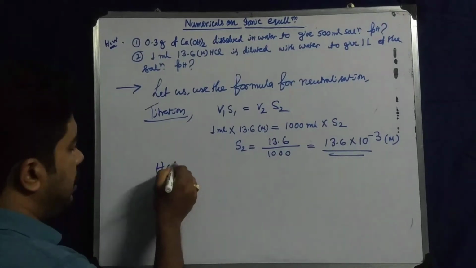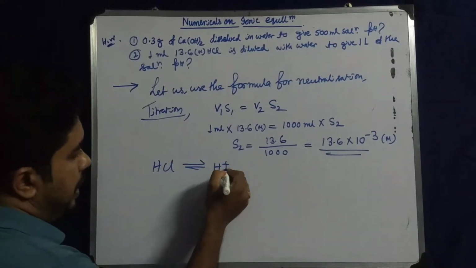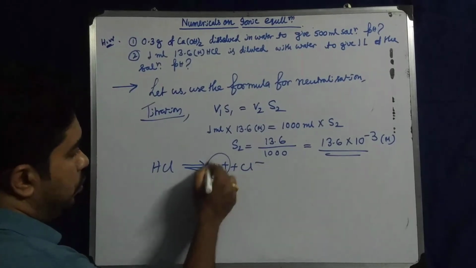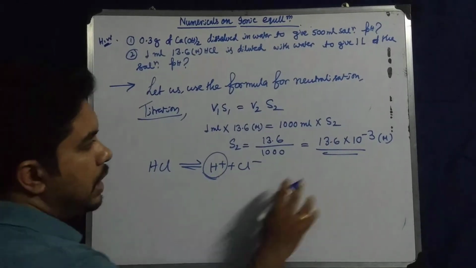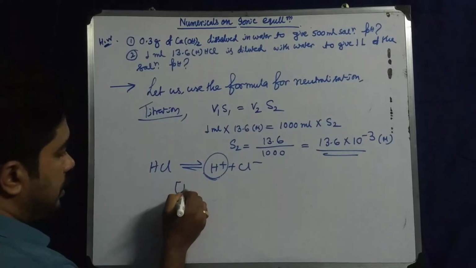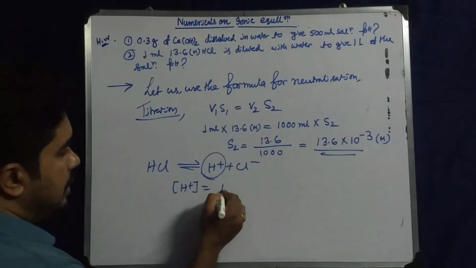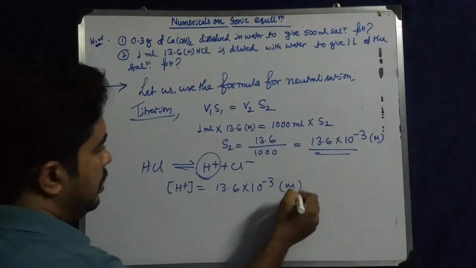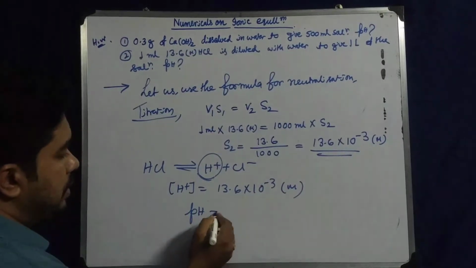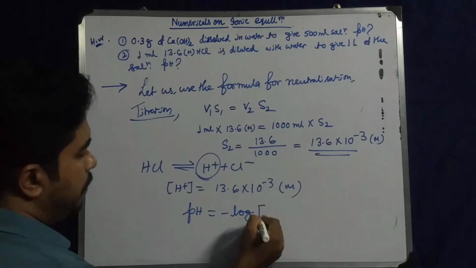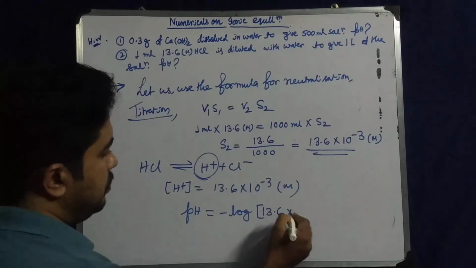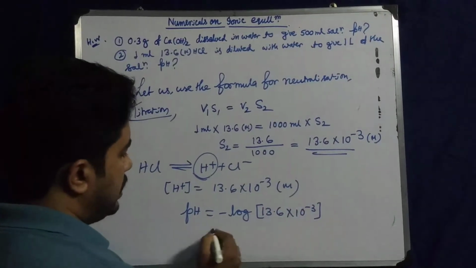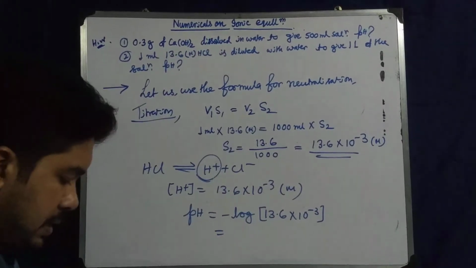So as we know again, HCl dissociates as H plus and Cl minus ion. So whole H plus ion concentration comes from there. So concentration of H plus ion, we can write that 13.6 into 10 to the power minus 3 molar. So let's perform the pH calculation. Minus of log of concentration of 13.6 into 10 to the power minus 3. So let's do it. Let's see what is the answer.